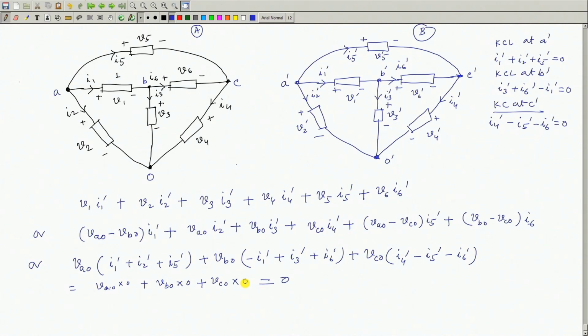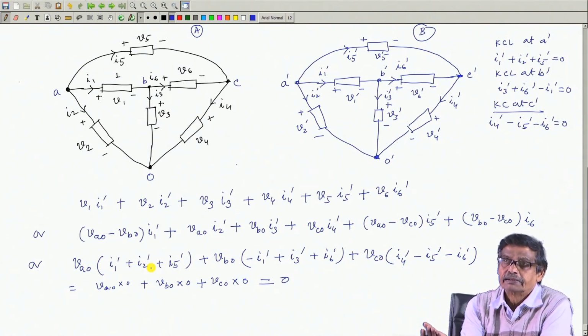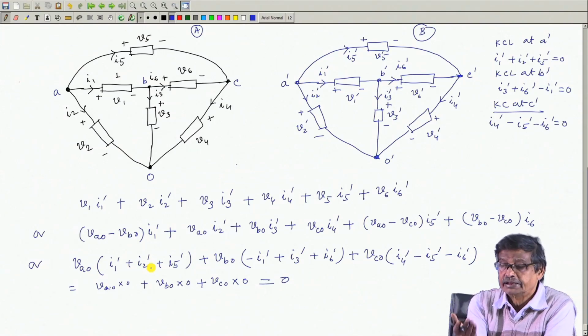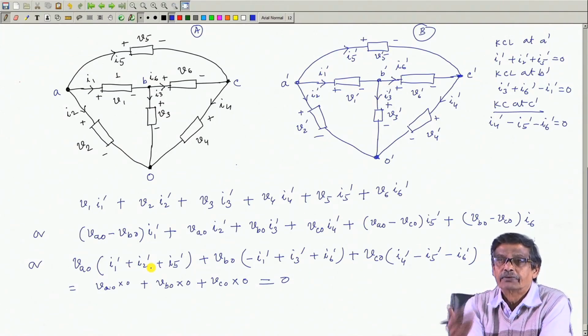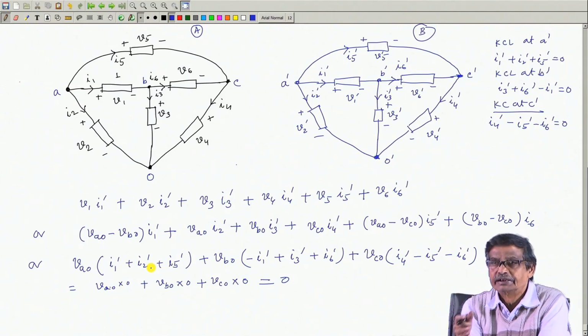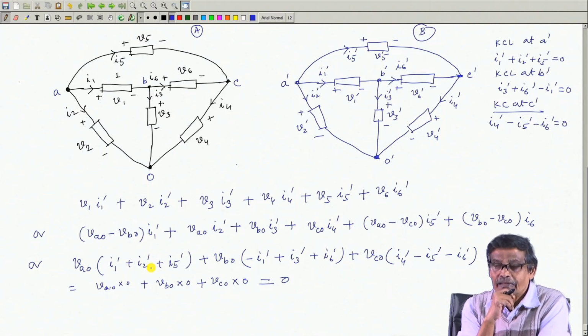This is the most interesting part. See, this VA0 into now KCL of nodes. No matter, these two circuits are independent. I1, I2, I3, I4, I5, I6 will be totally different from I1 dash, I2 dash, I3 dash, I4 dash, I5 dash and I6 dash.